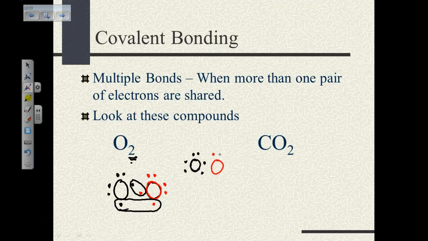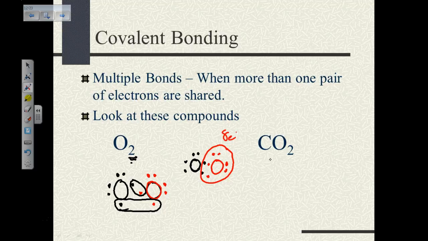I go 1, 2, 3, 4, and now 5, 6. Now if we look at the red one, how many valence electrons are around the red oxygen? 2, 4, 6, 8. That has 8 valence electrons. The black one has 8 valence electrons. So we can make multiple bonds.